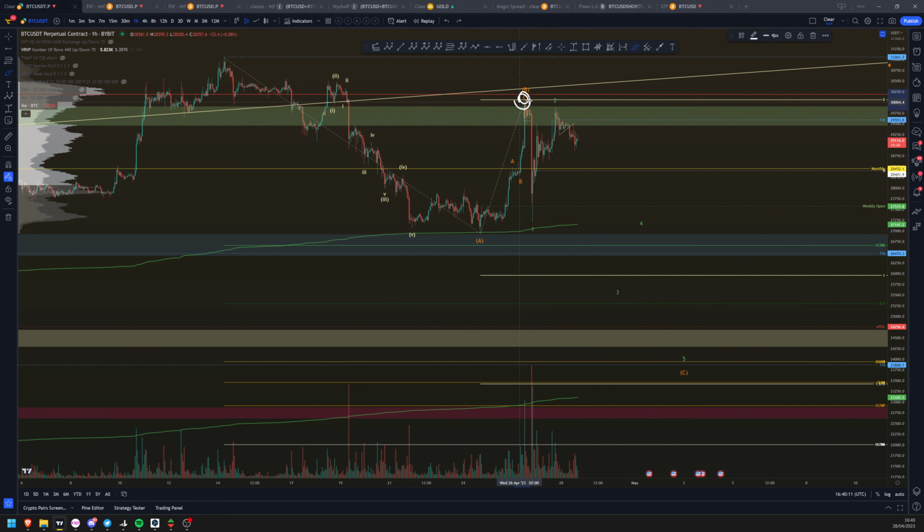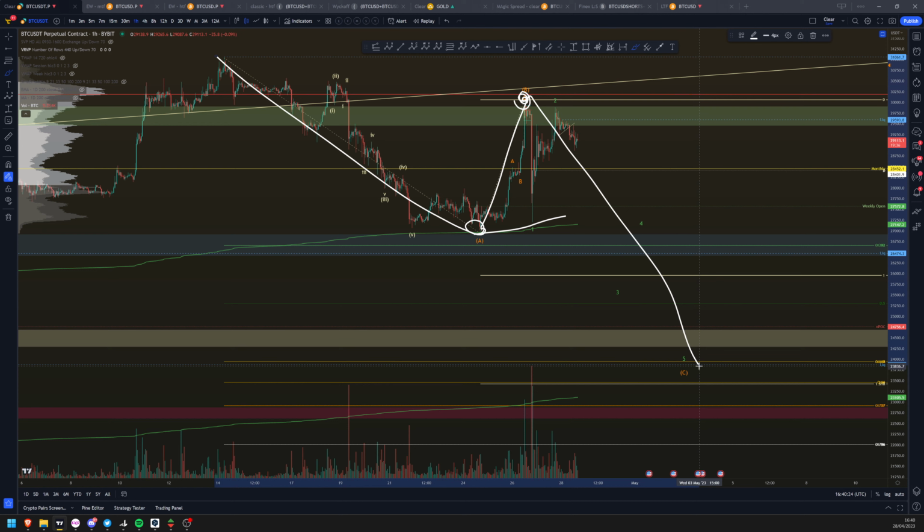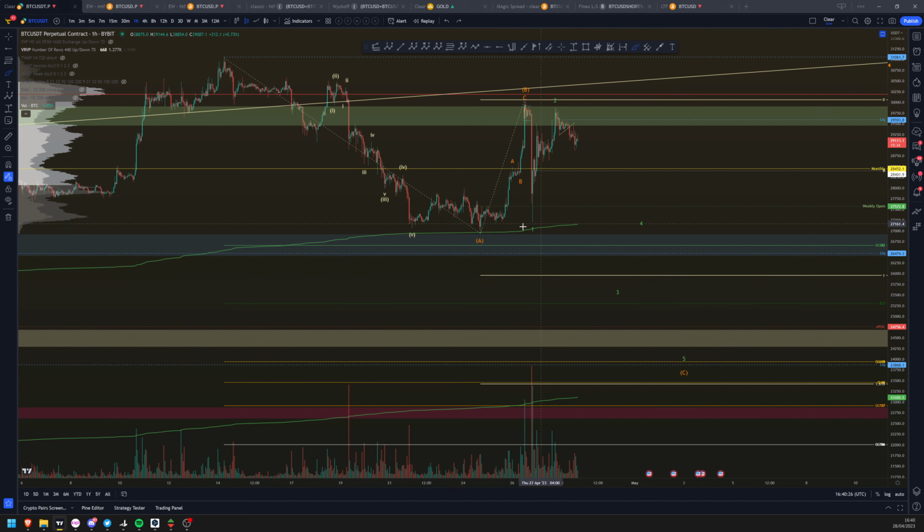If we don't take that high, and we do take the lows here, well, likely we'll have a wave A, a wave B, and a C in process. Especially if we take that low, we have 1, 2, 3 most likely to go on. And that's what I'm looking at still.